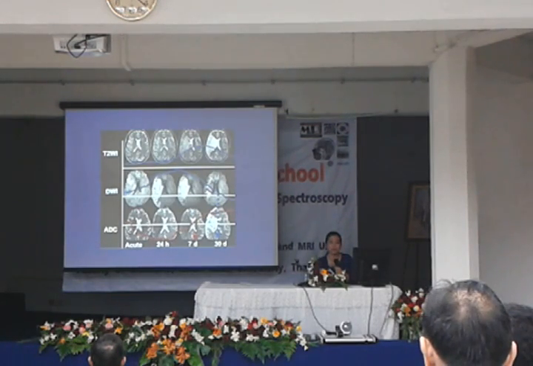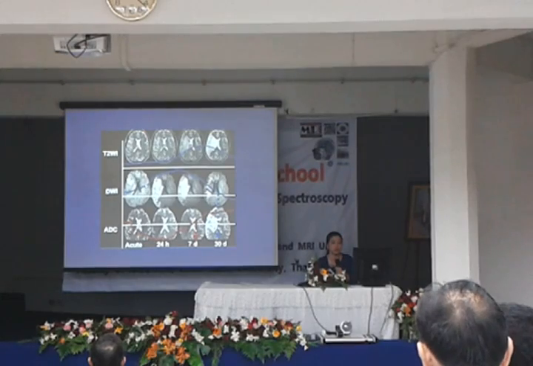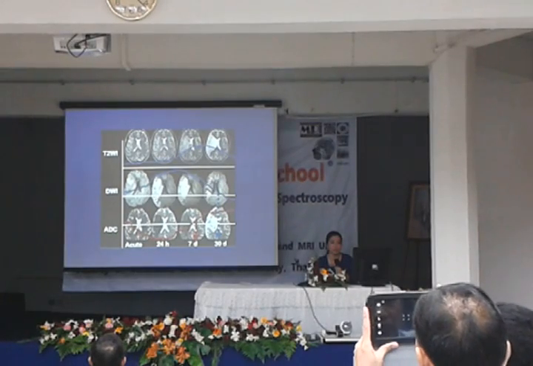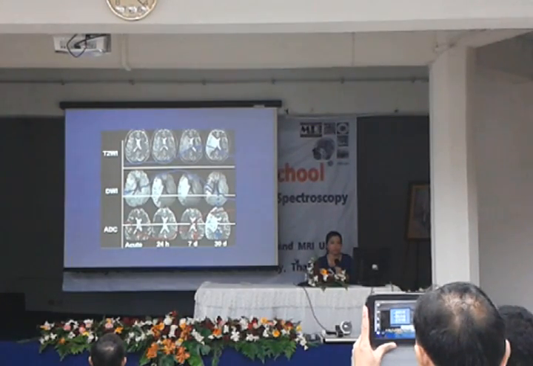If we compare T2-weighted, DWI, and ADC map, we can see how early DWI can detect the abnormal area. You see the hyperintensity here. But on T2-weighted images, we don't see anything abnormal in the first acute stage, because the hyperintensity reaches maximum intensity at around 7 days.